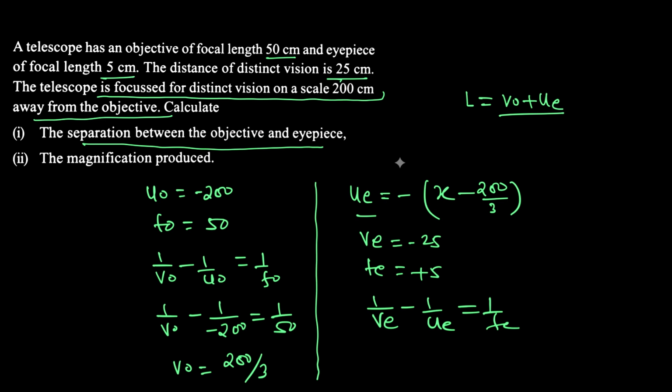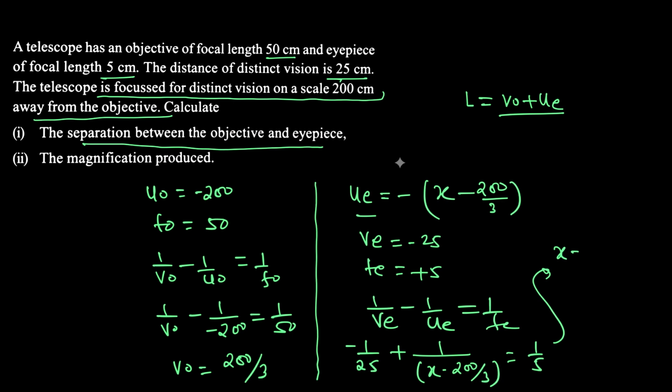I just have to substitute these values, and after substitution I'll get 1 by 25, plus 1 upon X minus 200 divided by 3 is equal to 1 by 5. And if I solve this whole thing, I will get X is equal to 70.80. So this is the separation.